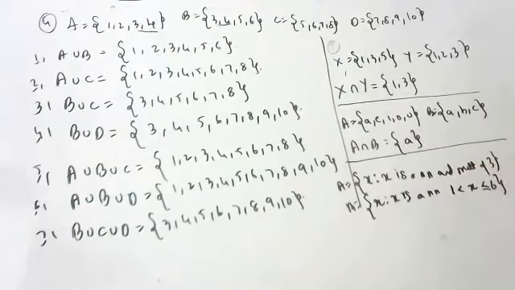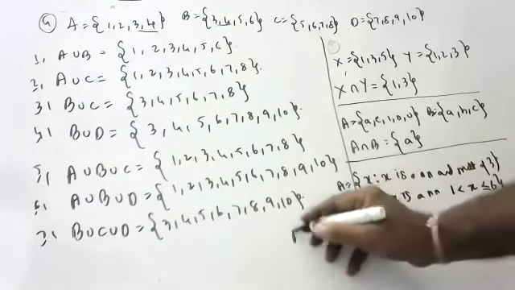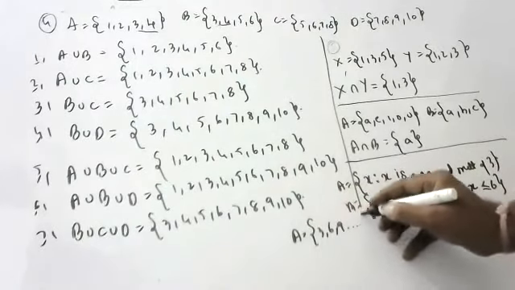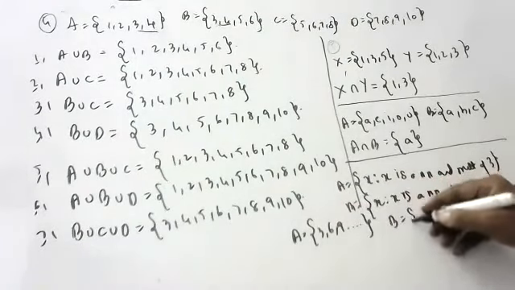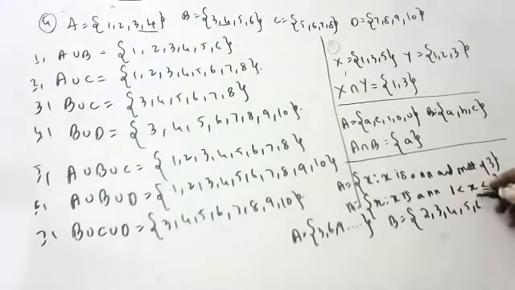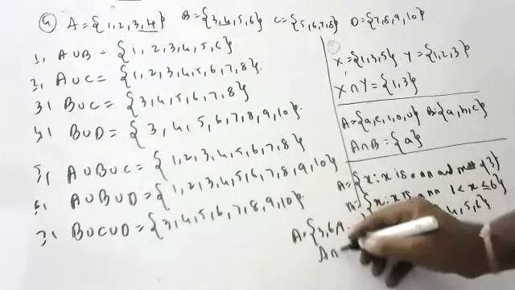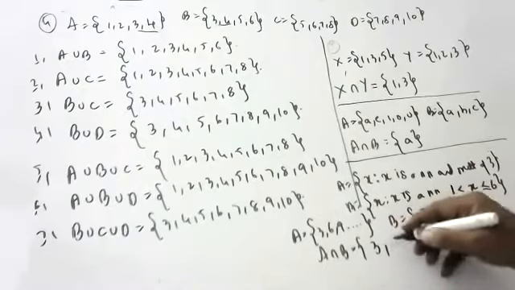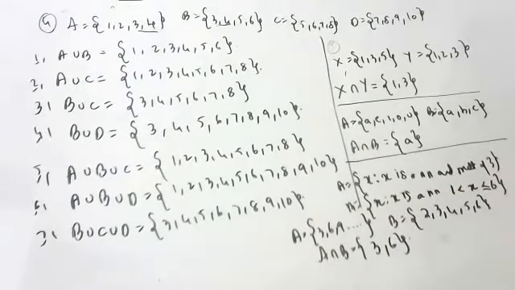What is A, children? 3, 6, 9, and so on. What is B, children? 2, 3, 4, 5, 6. Now what is A intersection B? Common elements: 3 and 6 only.